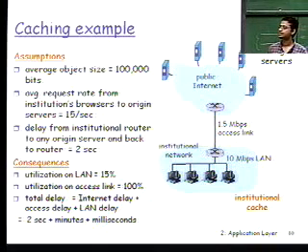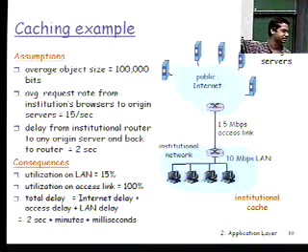What is going to be the total delay faced by messages taking this route from the browser to the origin server and back? Now, average object size is 100k bits.